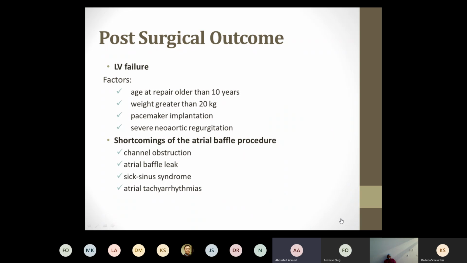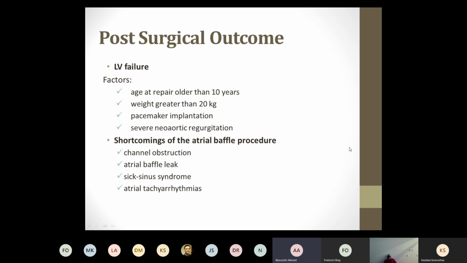So there are some pitfalls and side effects with the surgical outcome. There is LV failure, and there was a study that showed the main factors that could affect left ventricular function post-surgery: age at the repair, so older than 10 years the results are not better; weight more than 20 kilograms; if a pacemaker was required; or if there was severe neo-aortic regurgitation.